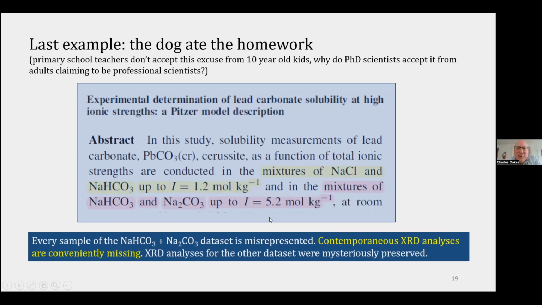And he explicitly states in the paper that he's measuring the solubility of cerussite, which is lead carbonate. He explicitly states that there was no phase change during the experiment and that he analyzed the solids before and after the experiment.